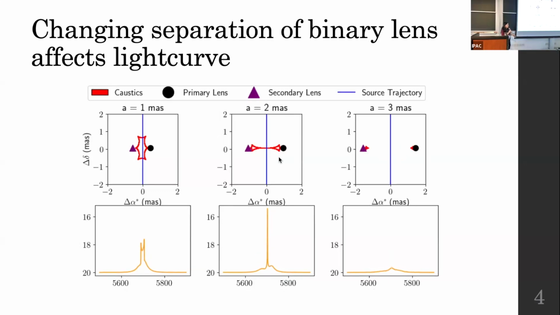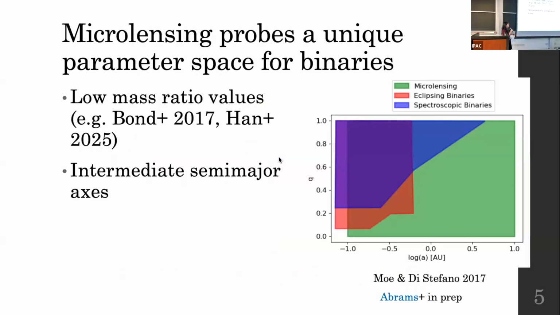We can also see what happens when you change the separation of your lenses. As you increase it, you get, again, different light curves, and if the lenses are far enough apart from each other, they can act as two single lenses. What's interesting is that microlensing can probe a unique part of parameter space for binaries.